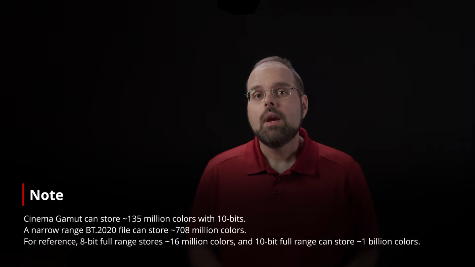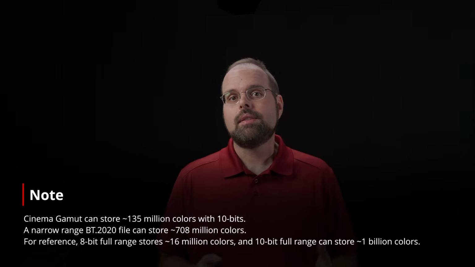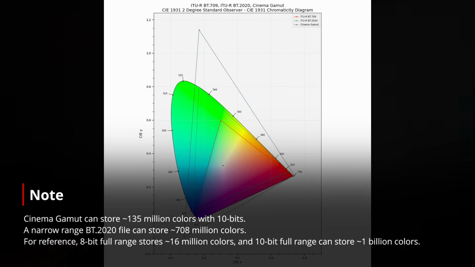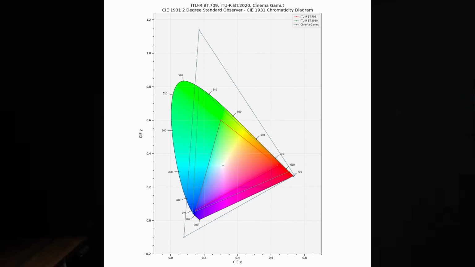Conversely, while BT2020 doesn't cover as large of a gamut as the Cinema Gamut does, it doesn't use imaginary primaries, and therefore the entire 10-bit color space or coding points in that color space can actually be used to store information.